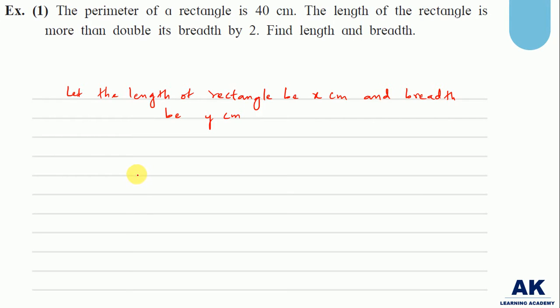What is the first condition? It is the perimeter of a rectangle. Perimeter means 2 times length plus breadth.